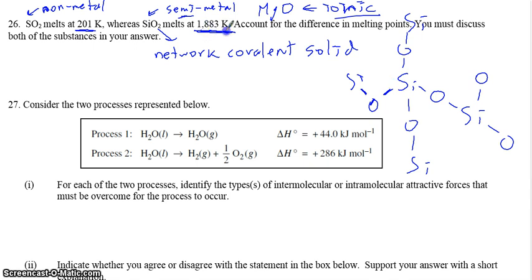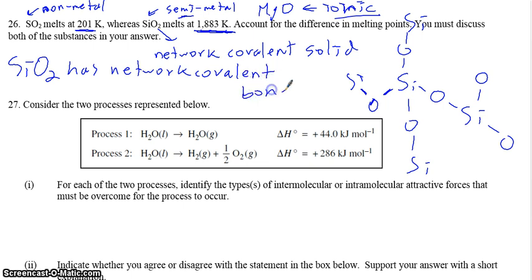This temperature is comparable to the melting points of ionic compounds, which all have very strong lattice energies, positives and negatives, requiring a lot of energy to break. So what you want to say is that SiO2 has network covalent bonds.